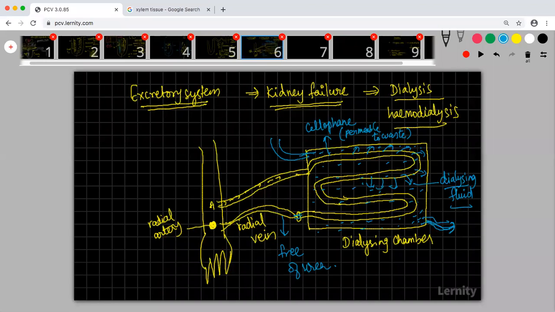The filter will get worn out and torn off. Then in that case you cannot survive. So in such a case, you have to get a new filter. This is almost a situation like that. Whenever the kidney is failing, whenever the filter has become old, you will have a problem.